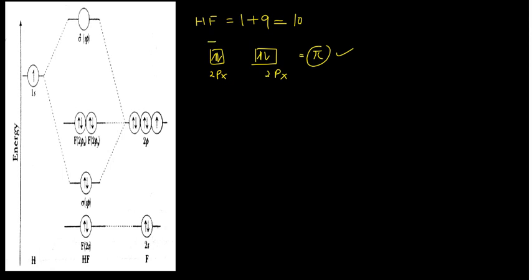For this one the value is +1, for this it is -1. If you calculate the resultant orbital angular momentum, that gives you the quantum number lambda. So +1 +1 -1 -1 gives you 0, and when it is 0 you use the term sigma. So for this you will write sigma here.